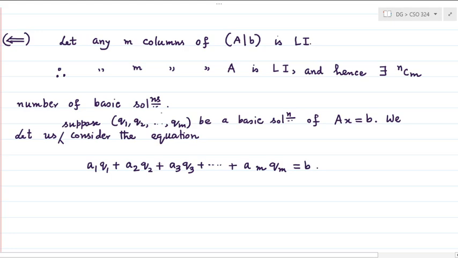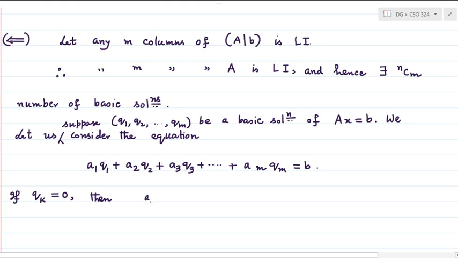If any of the components is 0, what will happen? Let's suppose the kth component qk is equal to 0.